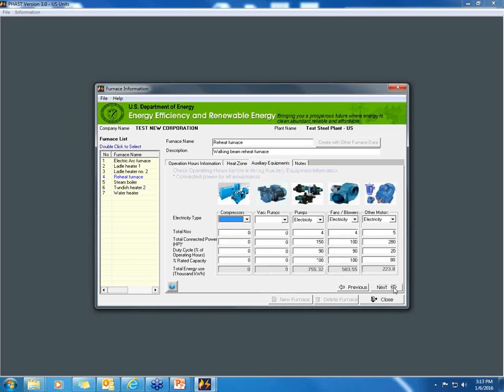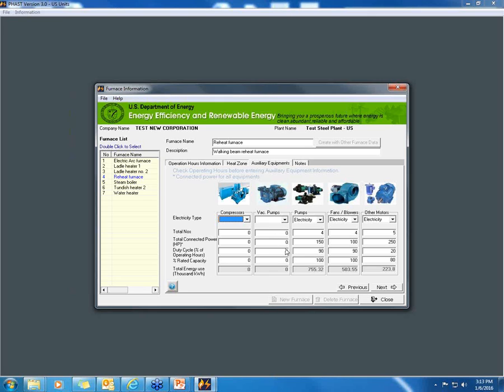Once that is done, we enter data regarding auxiliary equipment. In this case, there are a total of 4 pumps associated with this walking beam reheat furnace, 4 fans or blowers, and 5 other motors. What we need to know is the total connected power, horsepower for those motors, duty cycle, and rated capacity.